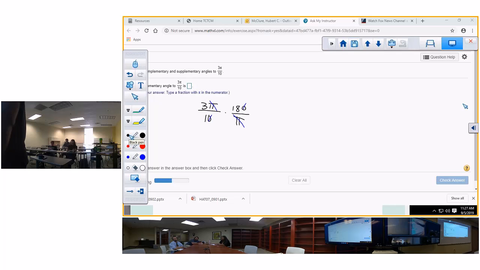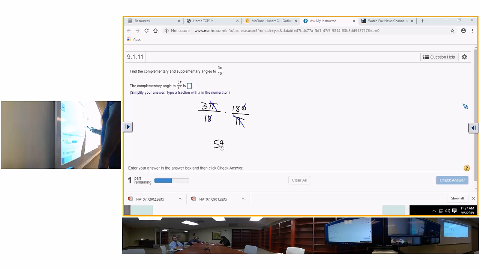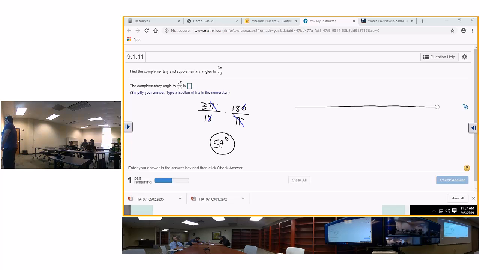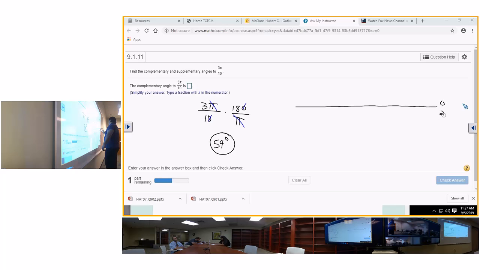So now you know where you are. Y'all check my math. This is 54 degrees. We know this is 0 or 2 pi. We know that this is pi over 2 or 90.